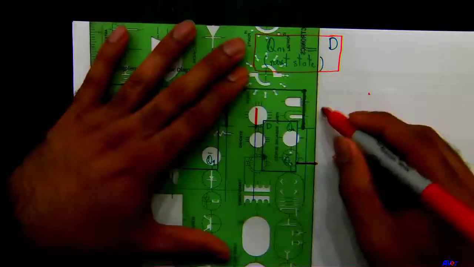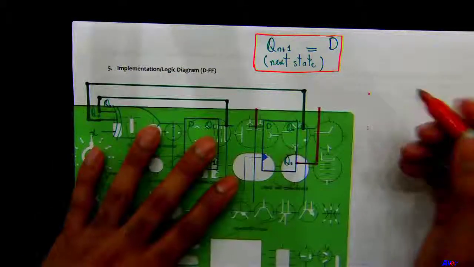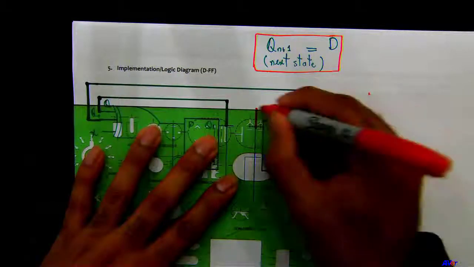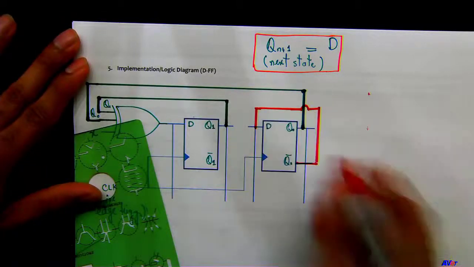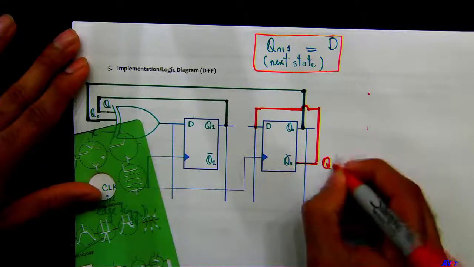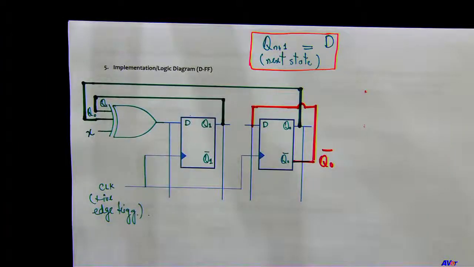This goes right here. And then just wire them up. There you go. Okay, so this is your Q0 bar here. So all the connections have been made.